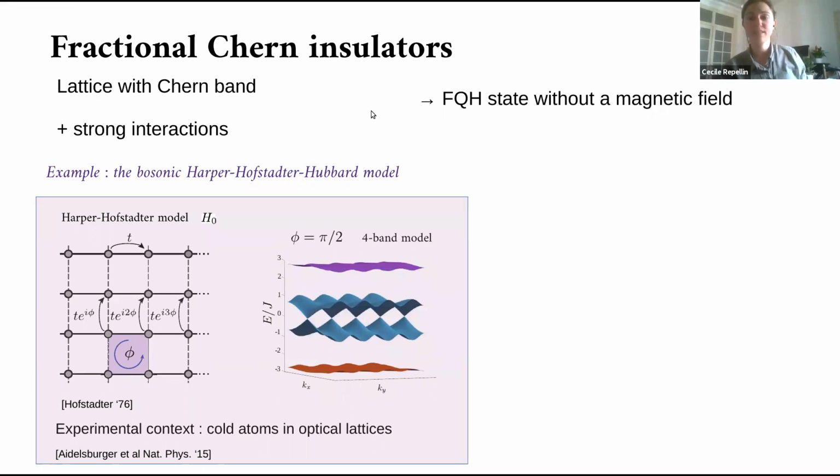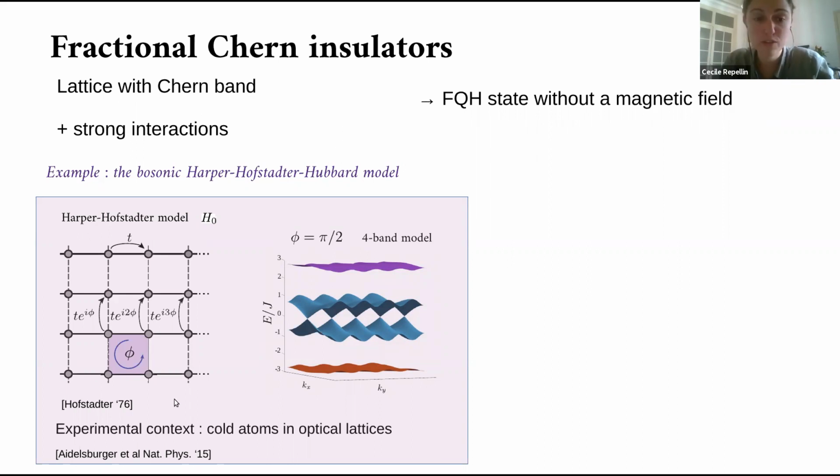There are many examples of microscopic models that we have found numerically to host this fractional Chern insulator as a ground state. Here I'd like to give you an example, based on the Harper-Hofstadter model.